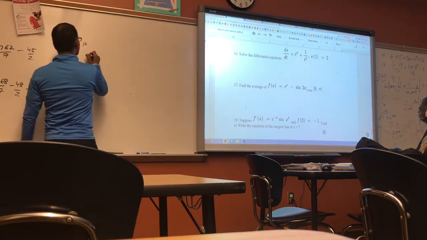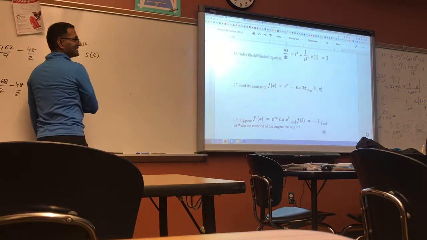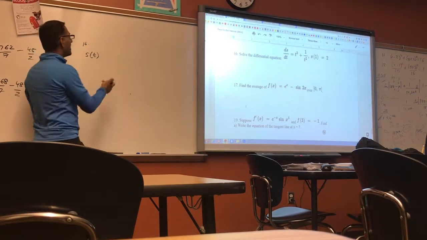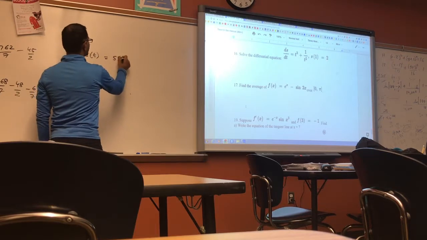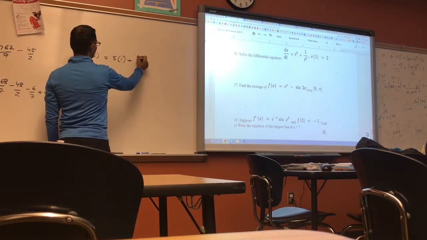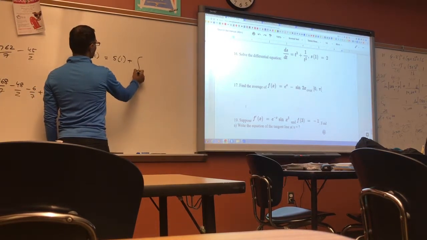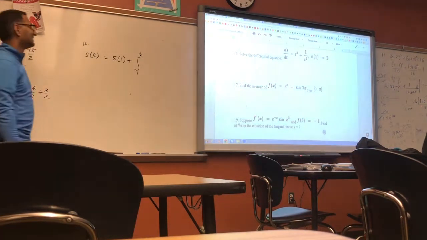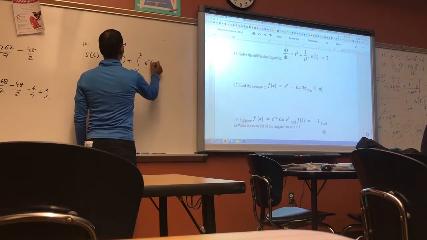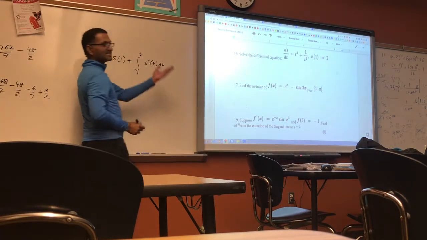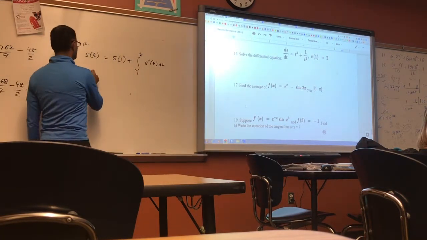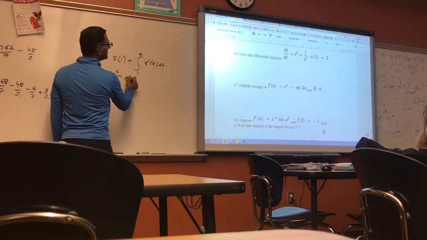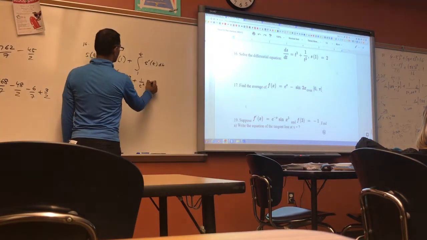So what's this trick? I need s of t, yes, I'm going to solve the differential equation. But I know s of 1. So s of 1 plus the integral from 1 to t of s dash of t. And are they not giving us s dash of t? Is that clear? So the trick was that. So 2 plus the integral from 1 to t of t cubed plus 1 over t squared.